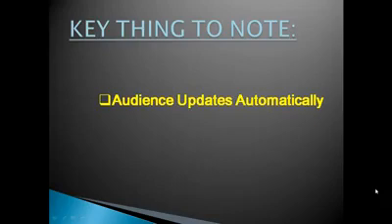Now if the guy clicked your link or triggered your action 5 or 6 days ago, he has left that audience automatically because the audience automatically updates. So meaning if you start a campaign 3 days ago and someone clicks that link today, the person will automatically get added into that audience. So that's how it works, right?